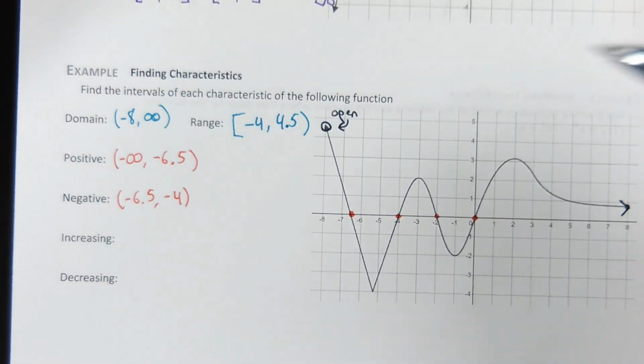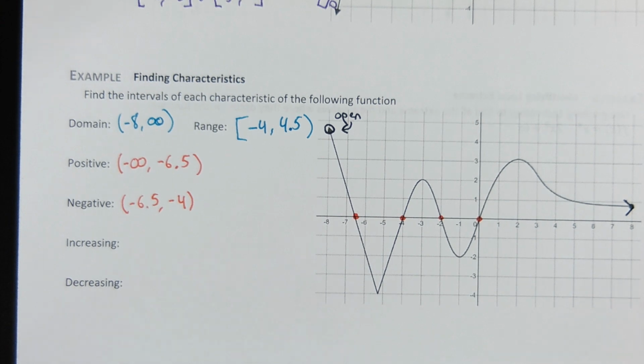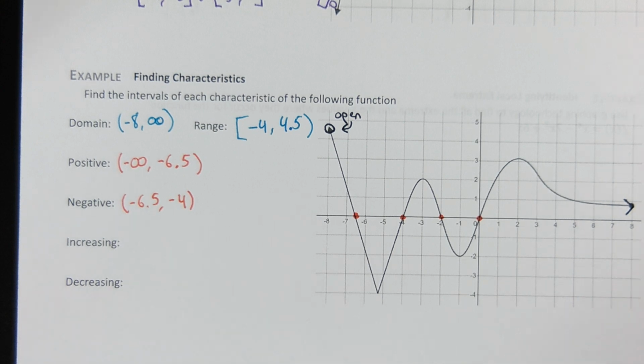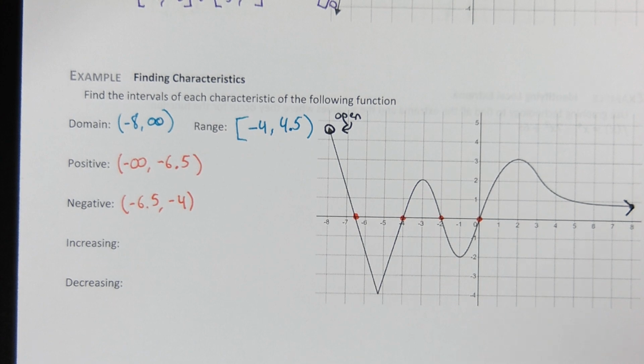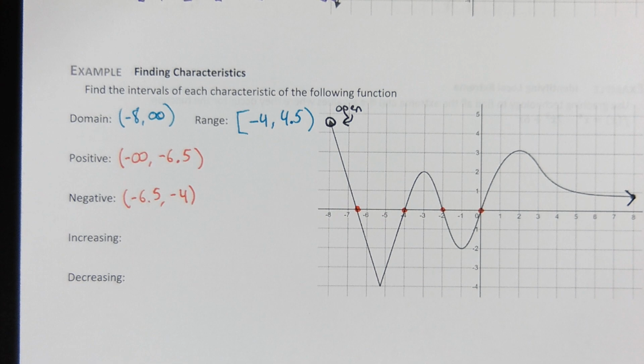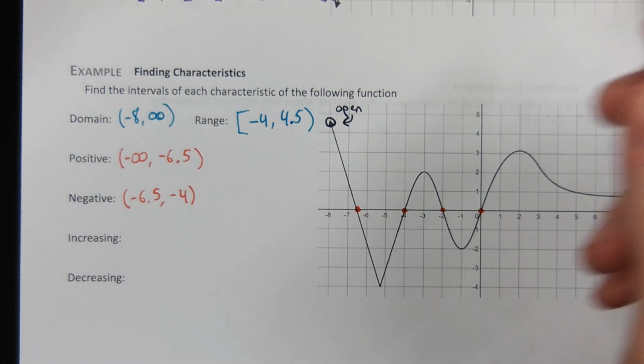I gotta tell you, it's much more interesting when my classes talk to me. Uh-oh, 2 hands went up. Maybe I made a mistake somewhere. I was getting there. Brody, what's up? Oh, negative 8, not negative infinity. Might be.